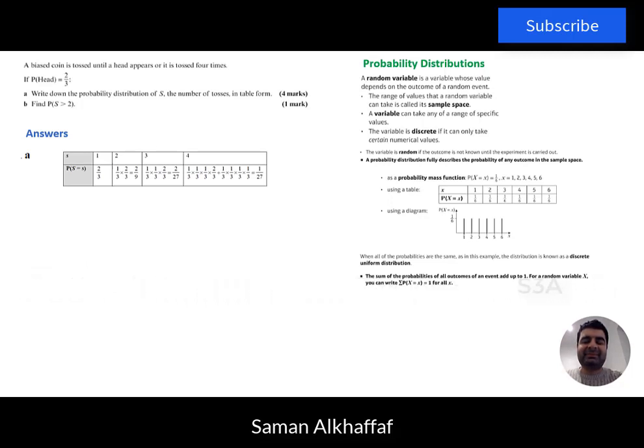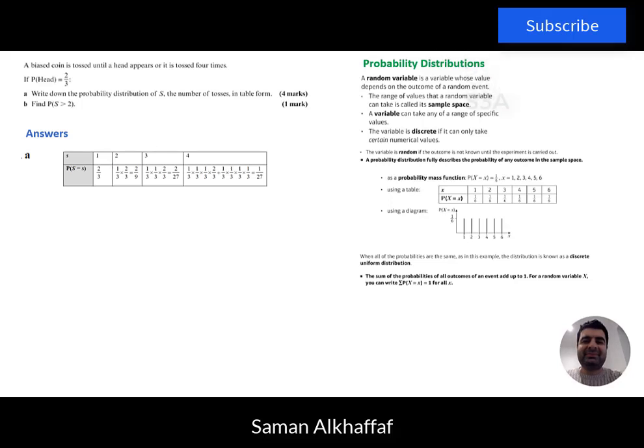Moving forward from there, it will be a third multiplied by 2/3, or a third multiplied by a third multiplied by 2/3. For 2 that gives us 2/9, and for 3 it is 2/27.